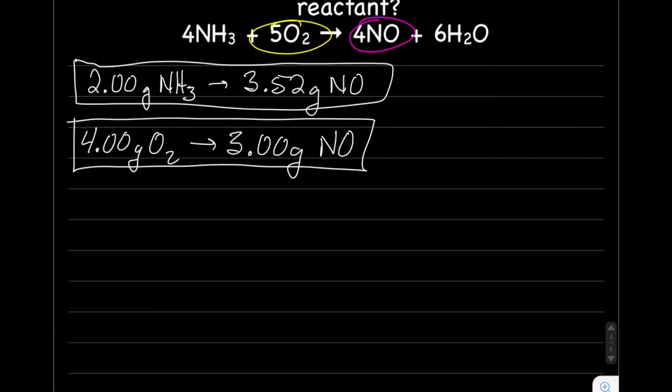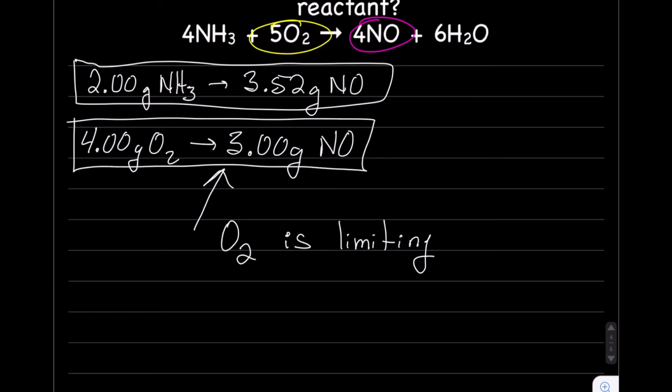Starting with 2 grams of NH3 and assuming unlimited O2, we ended up with 3.52 grams of NO. Starting with 4 grams of O2 and assuming unlimited NH3, we produce 3 grams of NO. That means that our O2 is limiting. That's because the O2 made less NO, which means it ran out first.